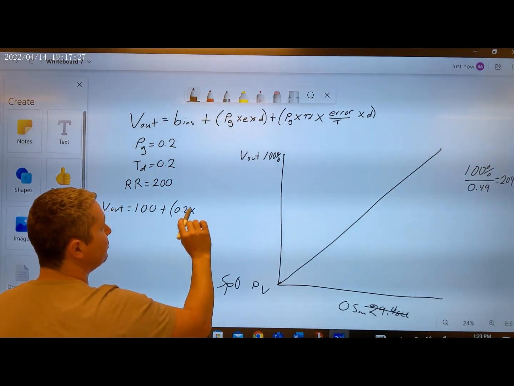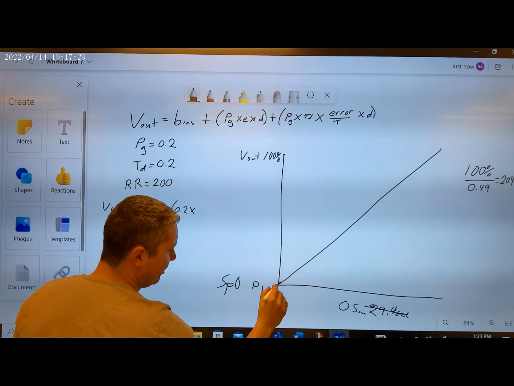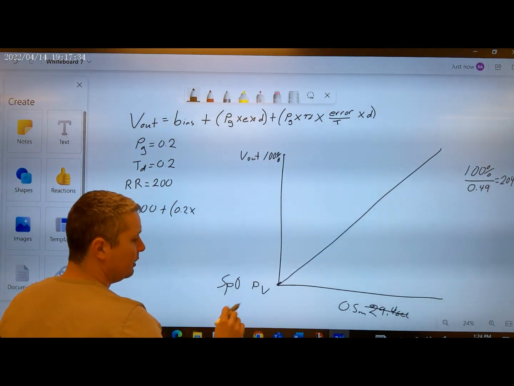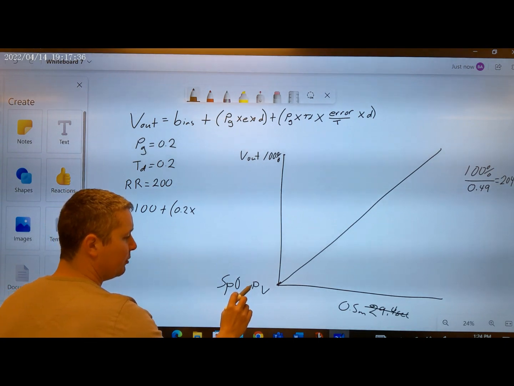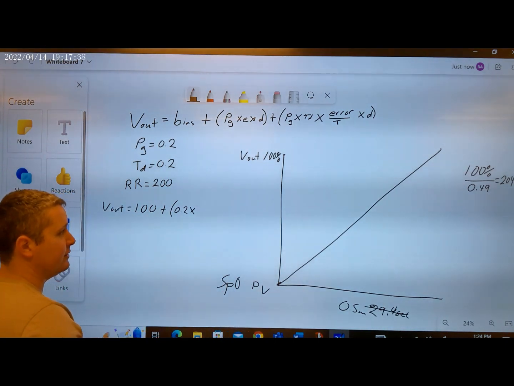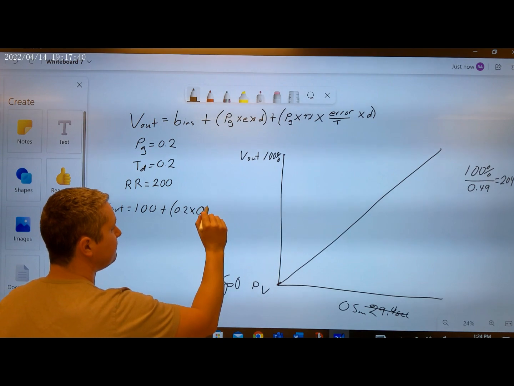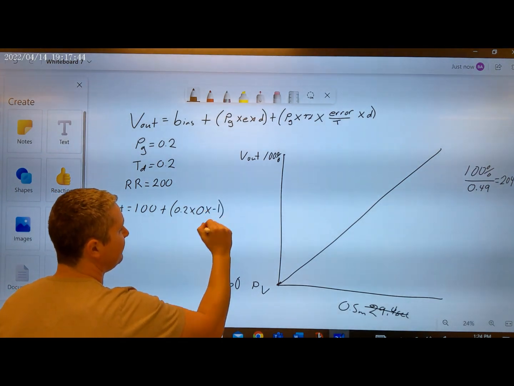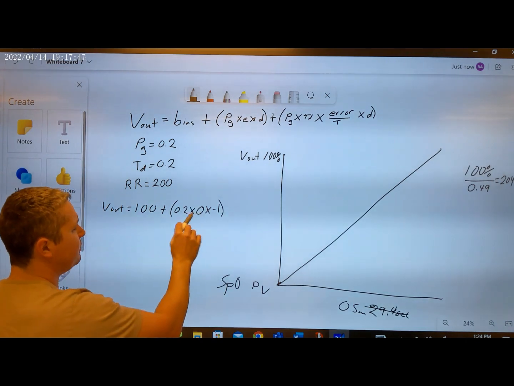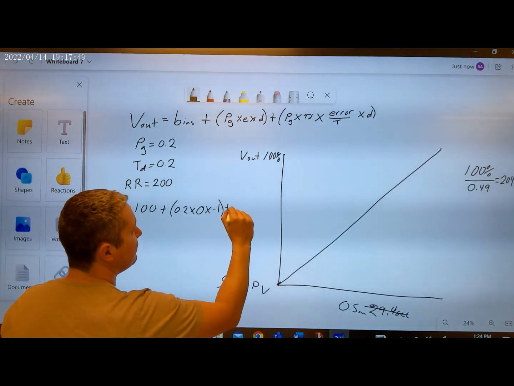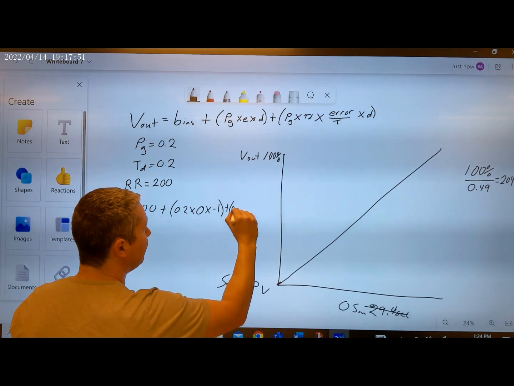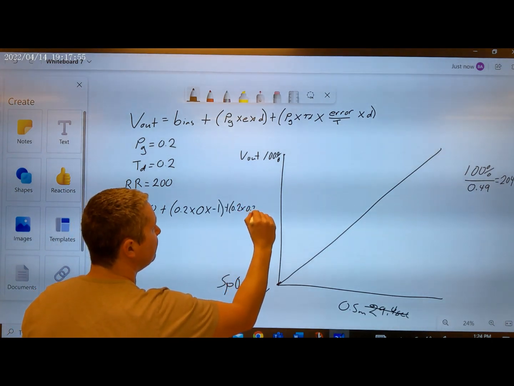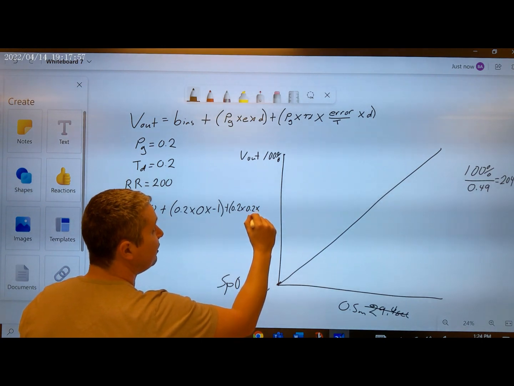Proportional gain, 0.2. Our error, our set point, and our process variable at time 0 is 0. Our process variable minus our set point, 0 minus 0 equals 0, times our direction, which we're in reverse acting, so it's minus 1. So that equals 0. Plus proportional gain, 0.2, times our derivative, 0.2, times our error.